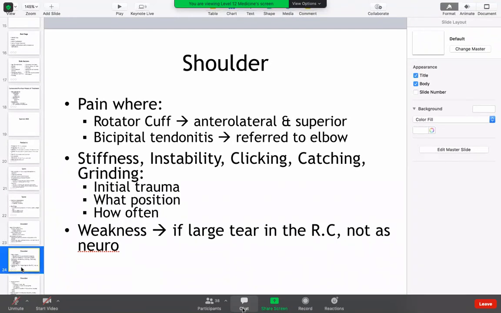Rotator cuff pain is usually lateral and superior. In patients with bicipital tendonitis, pain can be referred down to the elbow. The patient might also have stiffness, instability, clicking, catching, and grinding, which might indicate some degeneration.